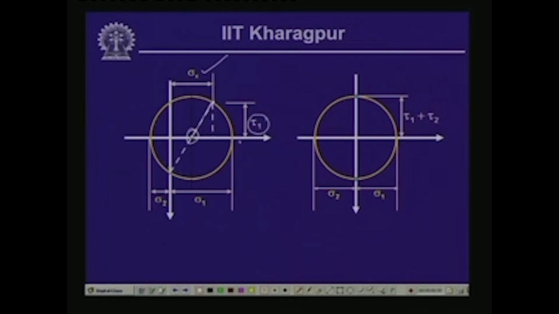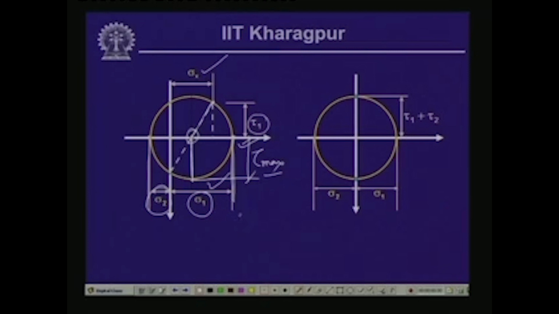If you plot the circle, you get the corresponding Mohr circle of stress. The maximum value of sigma on this circle is this, which we call sigma 1, the maximum normal stress, and this particular point gives us the minimum normal stress. The maximum value of the shearing stress at that particular point will be equal to the radius, which is tau max.